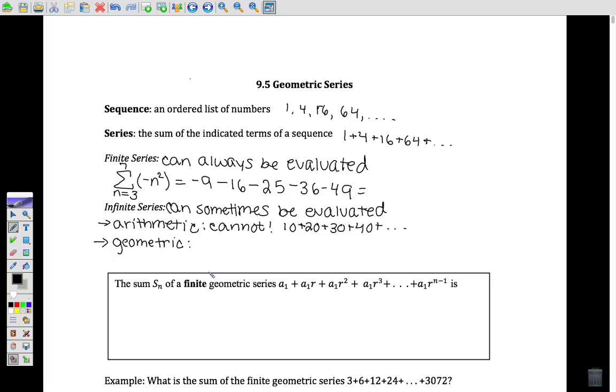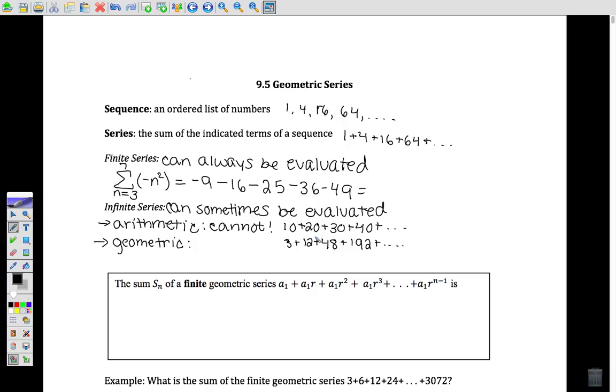Take a second and just think about, how could this be? So if you think about the sequence, actually let's do 3 plus 12 plus 48 plus 192 and so on.